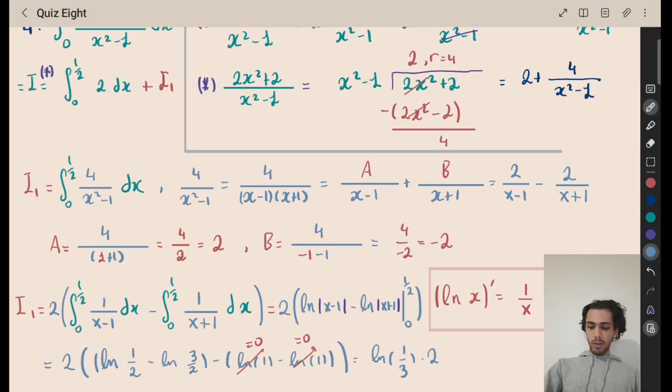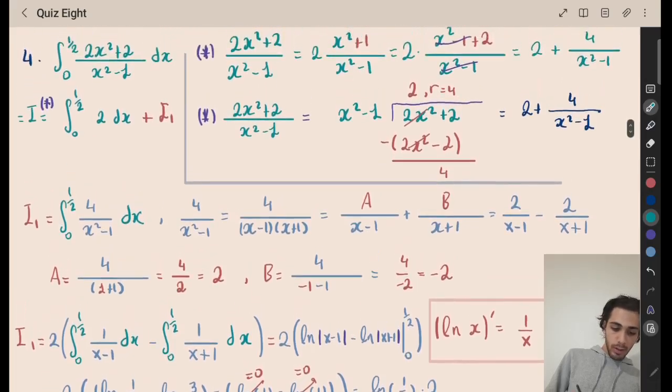Let me see. Yeah, this looks perfect. Well, almost, right? Because we still need to work out the value of this thing, which I've left some space for, luckily.